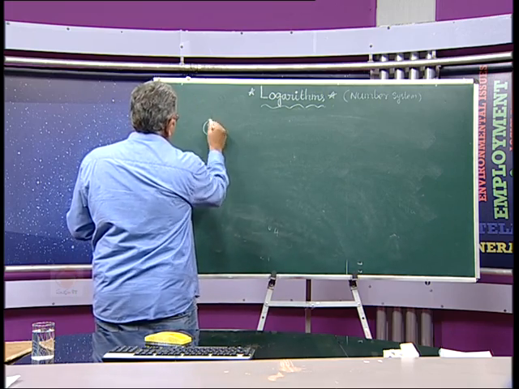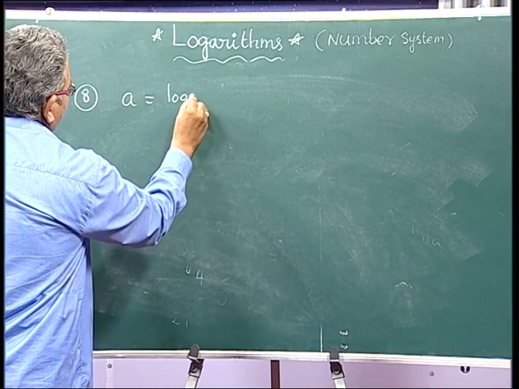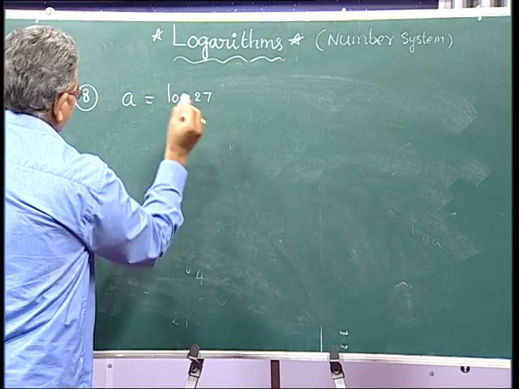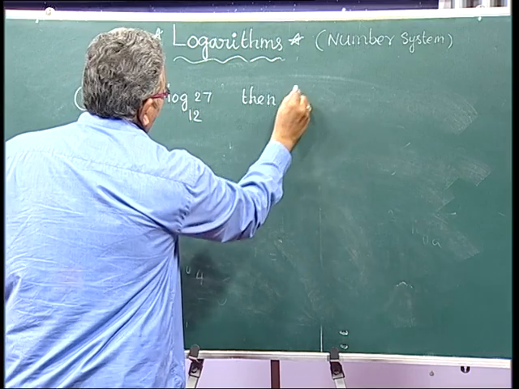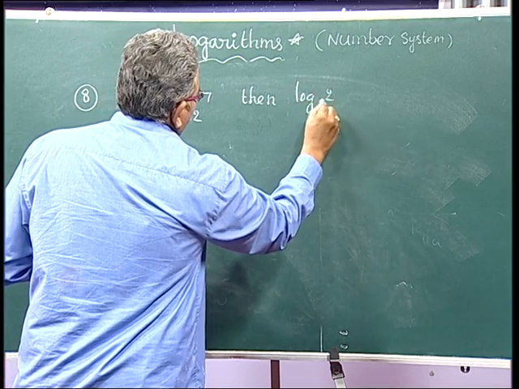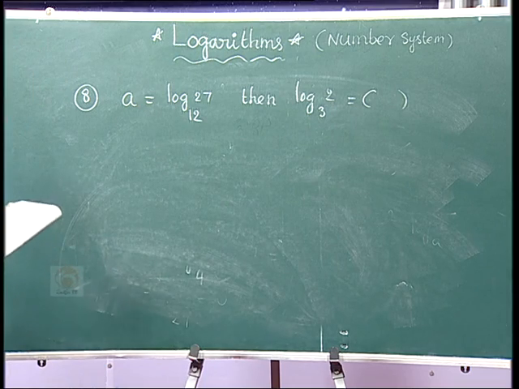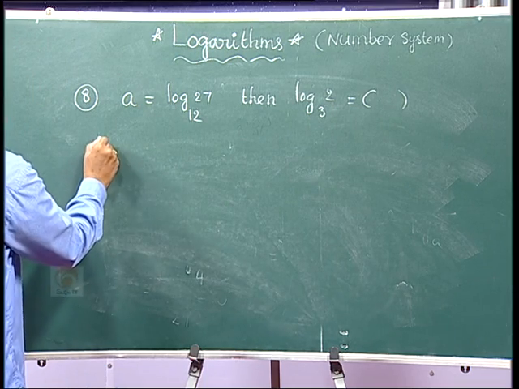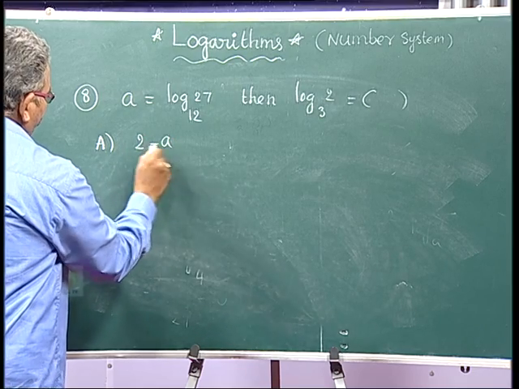So, next problem, a is equal to log 27 to the base 12, then log 2 base 3 is equal to, option A 2 minus a by 3a.